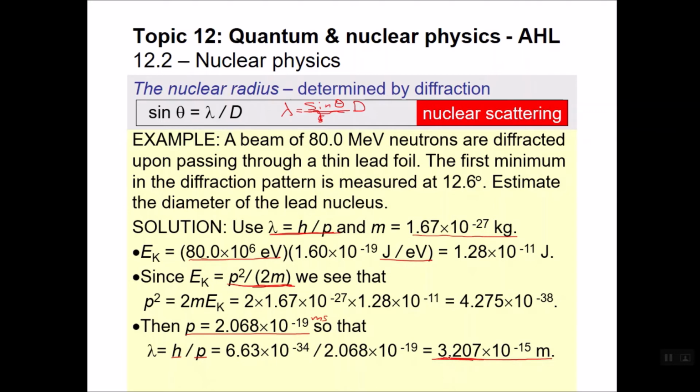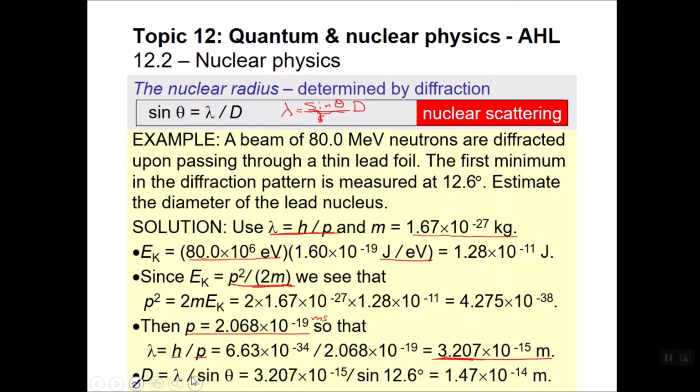We don't call them photons, but what they emit is extremely high energy, much higher energy than electrons do, because there's a whole lot more forces and things going on inside of a nucleus. So this is the very, very short wavelength of the light that is being diffracted.